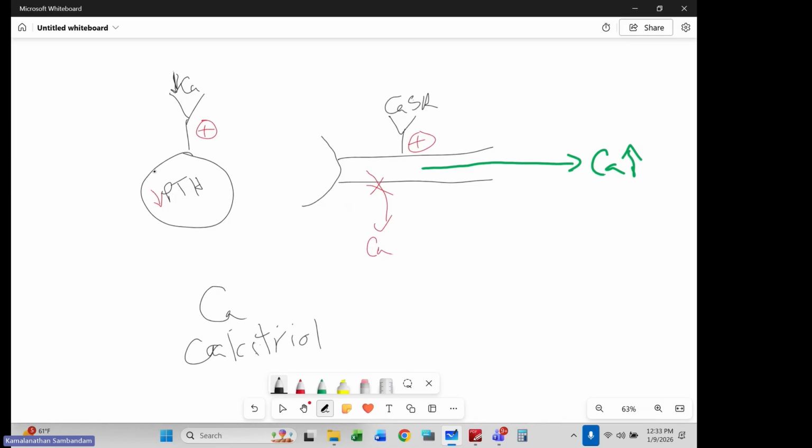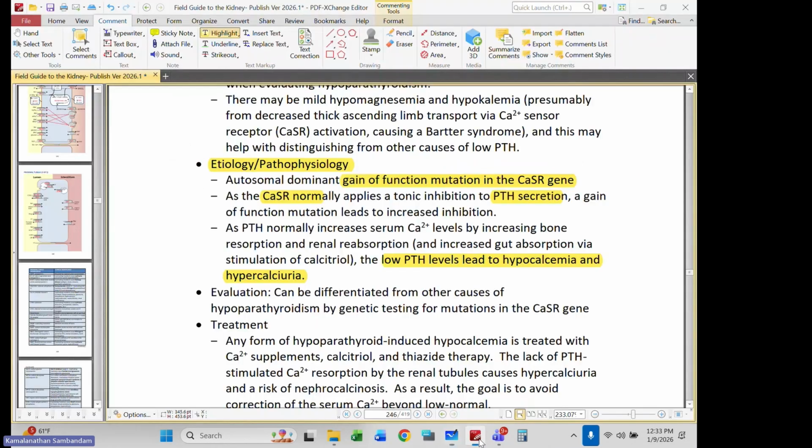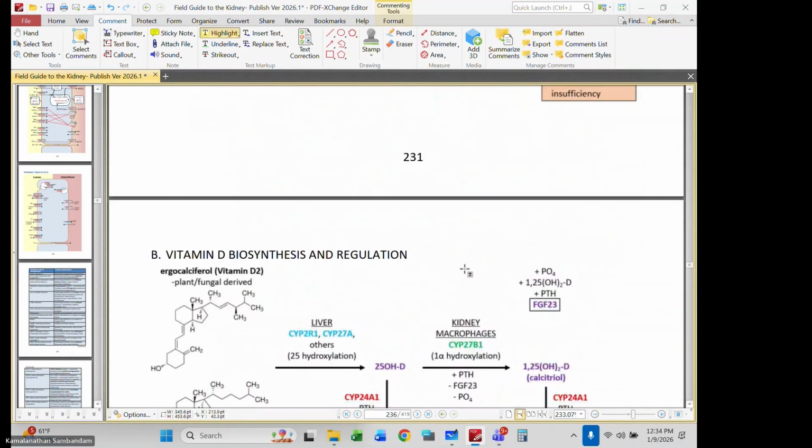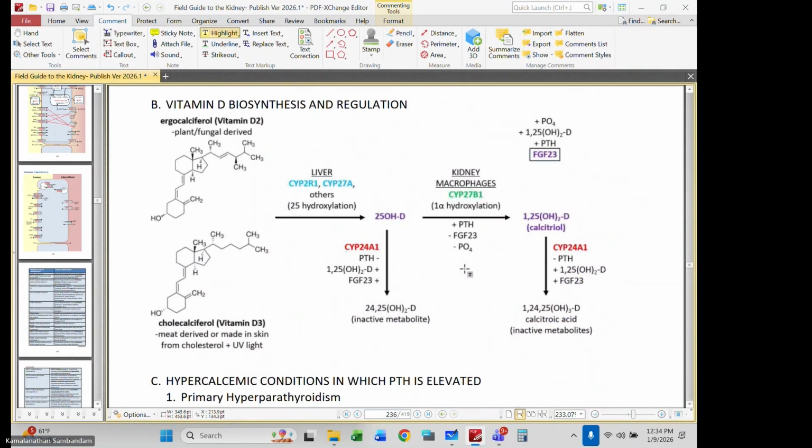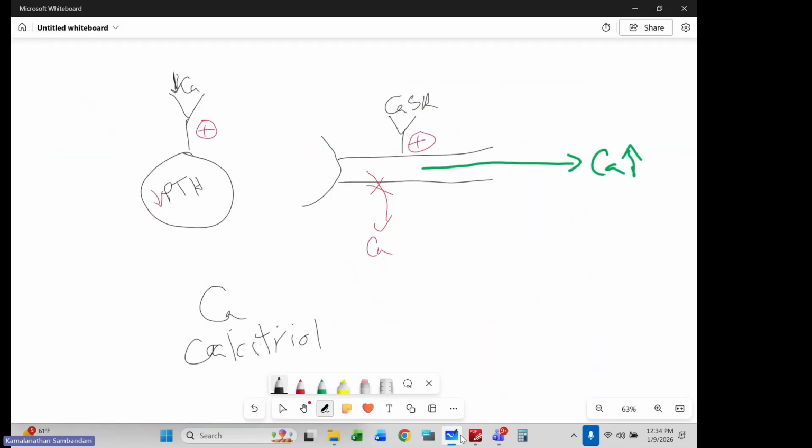Well, predictably, a low PTH would decrease 1-alpha hydroxylase activity. PTH is a regulator of 1-alpha hydroxylase, right? So if PTH is suppressed in this scenario, I will tend to have relatively low calcitriol levels or intrinsic calcitriol production. And so I tend to give these patients calcium plus calcitriol.